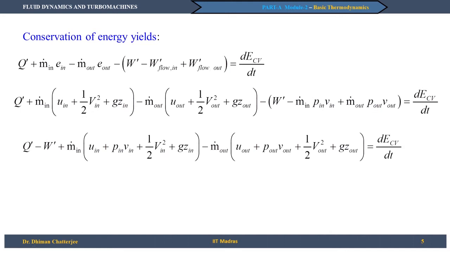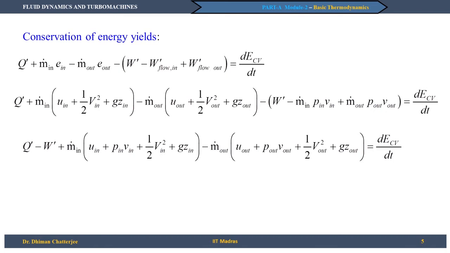We get Q prime minus W prime plus m dot in, within bracket, U in plus P in V in plus half V in square plus Gz in, minus the corresponding terms for the flow out, m dot out U out plus P out V out plus half V out square plus Gz out, equal to dECV dt.